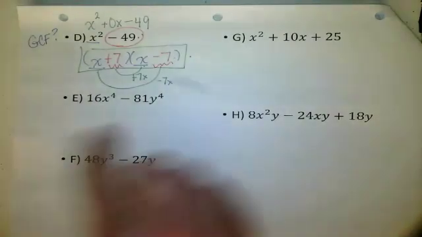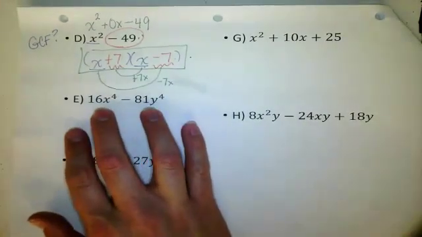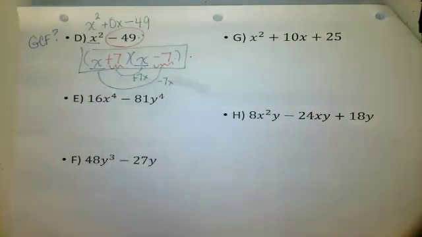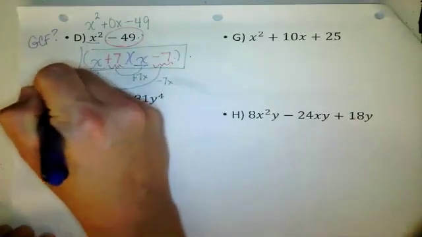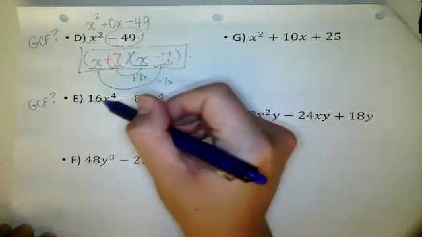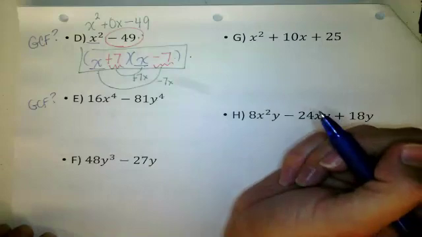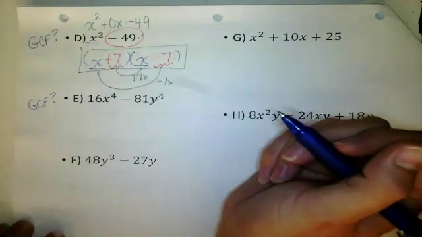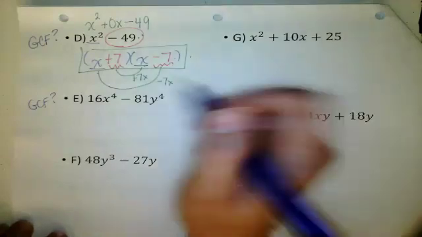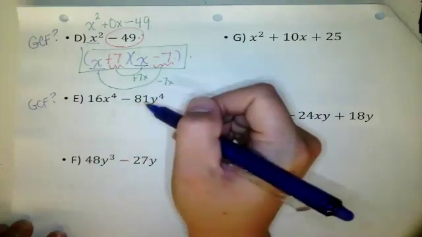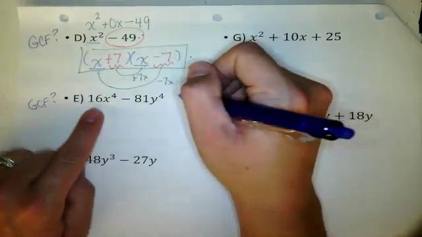So let's try another one. Letter E. Is there a GCF? No GCF. But what do you notice about it? Difference of squares.